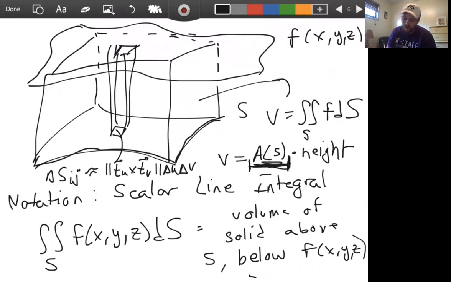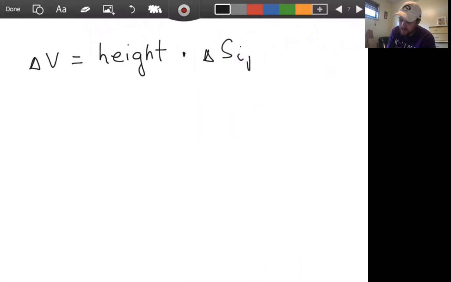And so let's compute the volume of a solid just over this delta S_ij. Delta V is going to be equal to the height times this delta S_ij. But what's the height going to be?